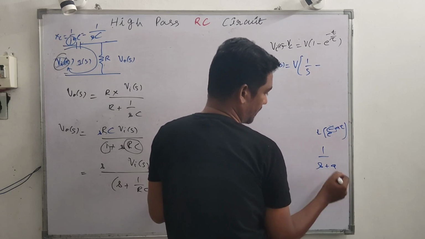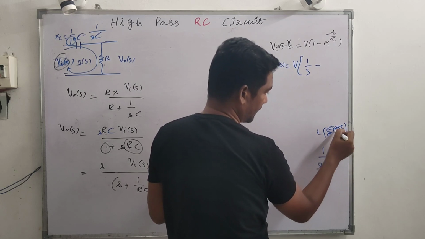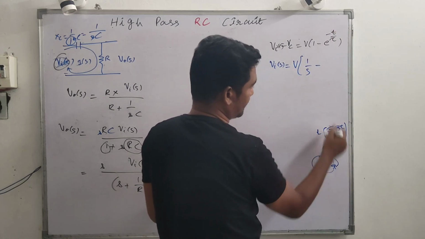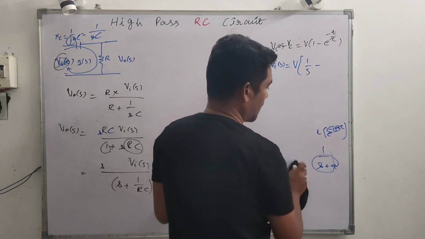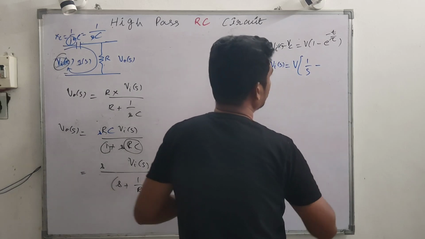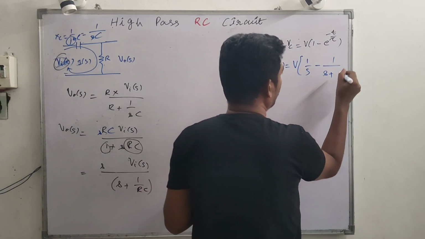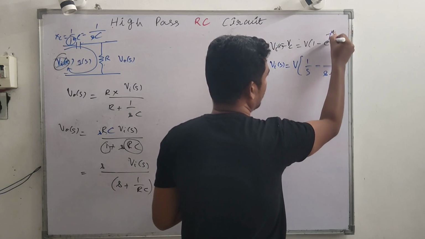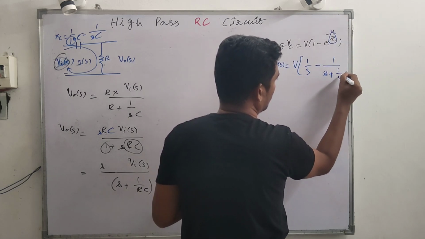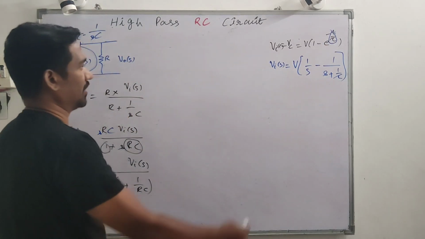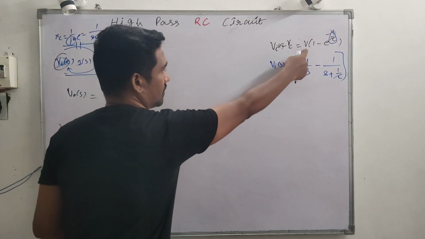And what is a here? It's 1 upon tau in this Laplace transform pair. So we can write this expression as 1 upon s plus 1 upon tau, which is the Laplace transform for the exponential input.